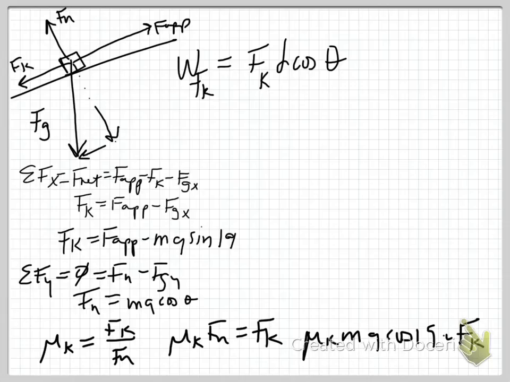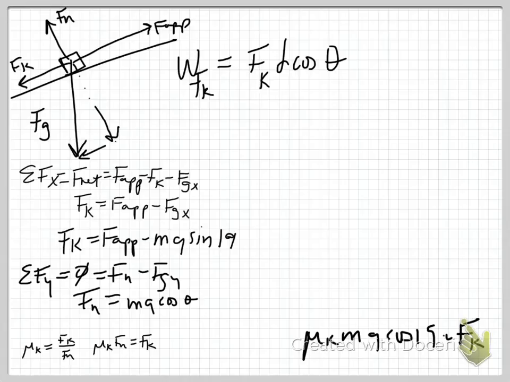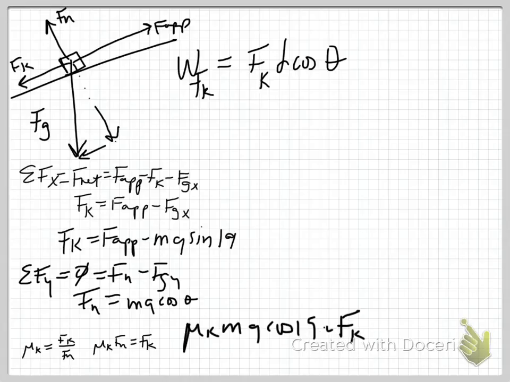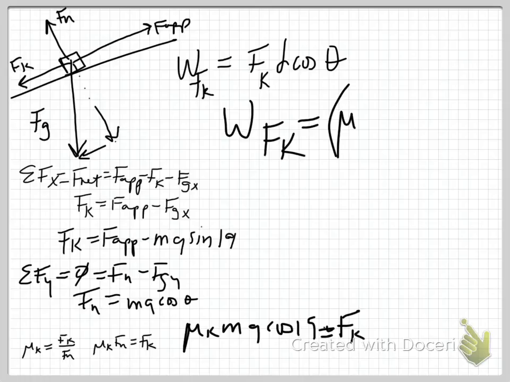Let me now shrink all that. So the work done by kinetic friction is equal to either force applied minus mg sine theta, or sine of 19, or mu k mg cosine 19, times distance times cosine of theta. So which way is the thing moving?